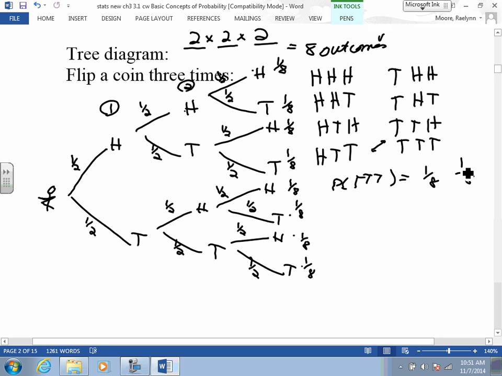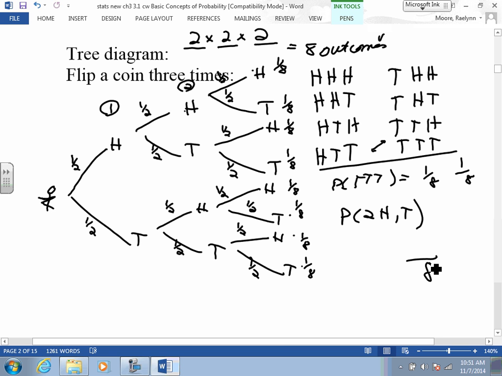So you can take your probabilities off of your tree, or you can take your probabilities off of your sample space. If it's something you're going to keep doing a lot, you're going to make a sample space. Like if I keep asking you like 5 of these things, what is the probability of 2 heads and a tail in any order? There's 8 possible outcomes.